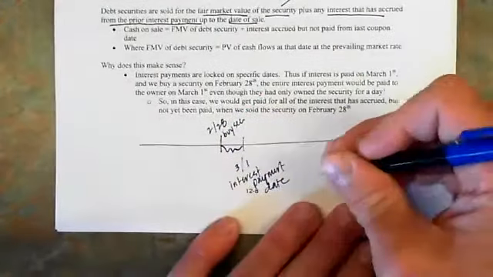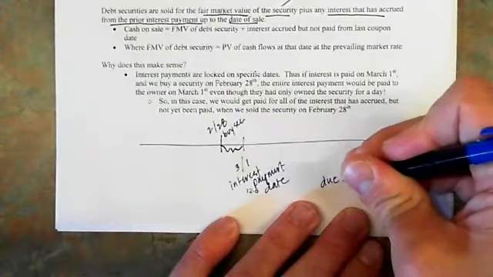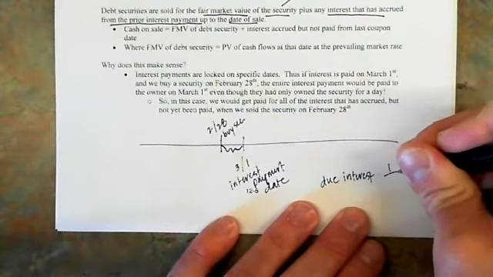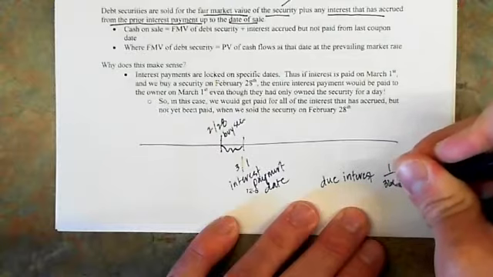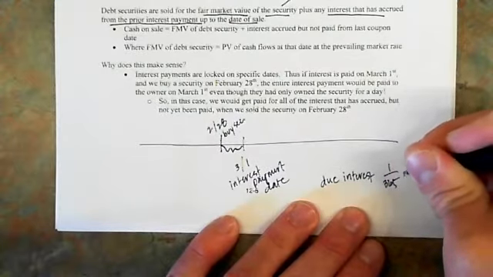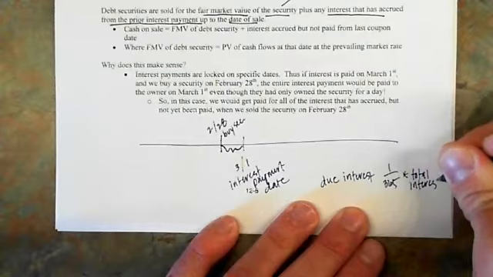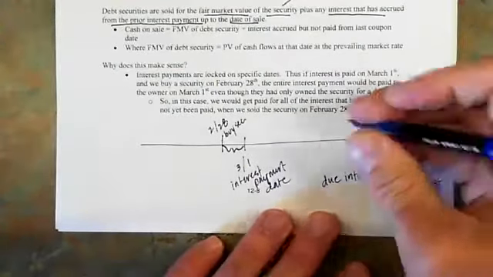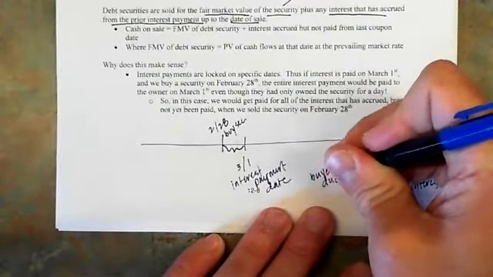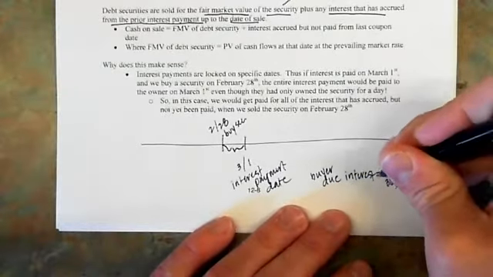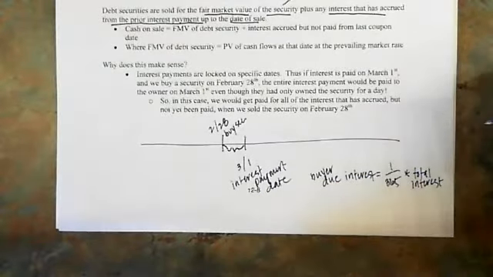So that's the amount of interest I should get. What I'm due is interest that is 1/365th of the total interest. And the person, the buyer, right, if we are the buyer, we're due interest of 1/365th of the total interest.